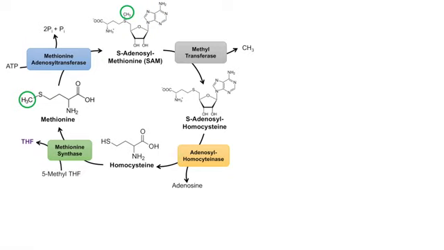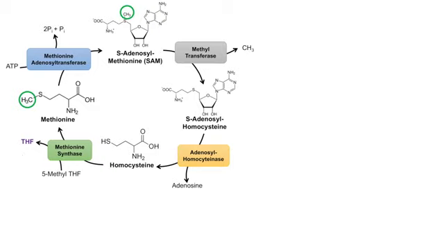And methionine synthase actually regenerates methionine from homocysteine, and in the process it takes 5-methyl tetrahydrofolate, or THF, and converts it. It removes the 5-methyl group from tetrahydrofolate, and it forms tetrahydrofolate in this process.